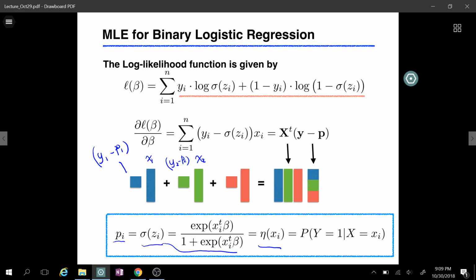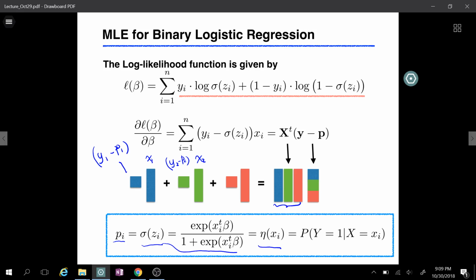So it's y minus p, and then those color bars, every column is the p-dimensional feature for each observation. So the collection of those vertical column bars is actually X transpose, because in the original design matrix, all the features for every observation are actually row vectors.